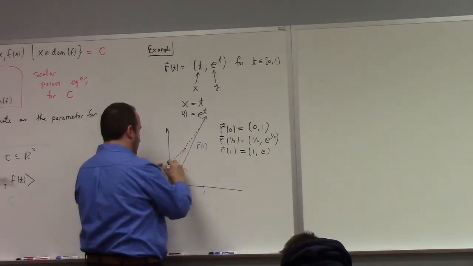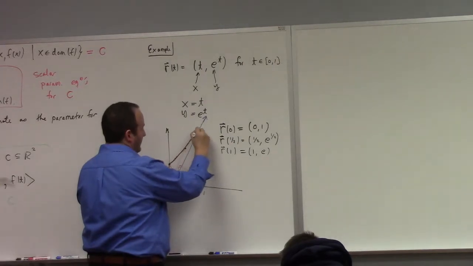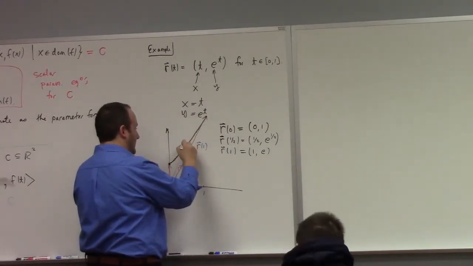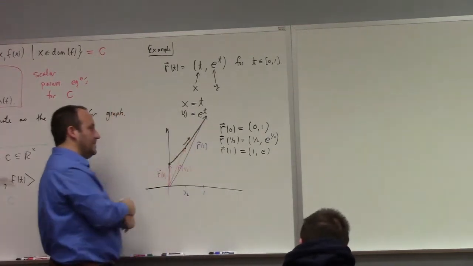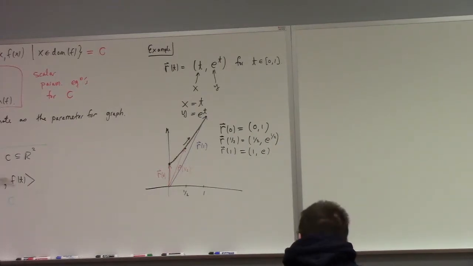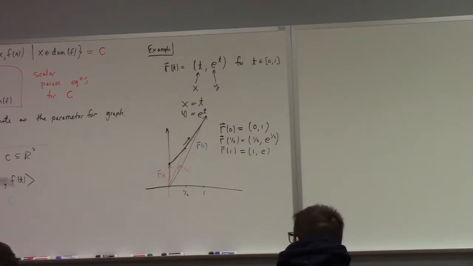So this brown thing I'm drawing right here is the actual curve, which we're parametrizing in this direction. And in this example, this is a graph, right? What's the graph that we're parametrizing here? y equals e to the x with domain just 0 to 1, right?